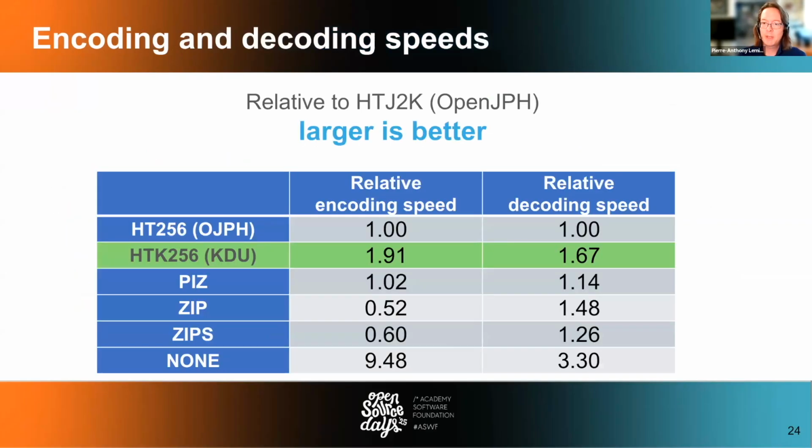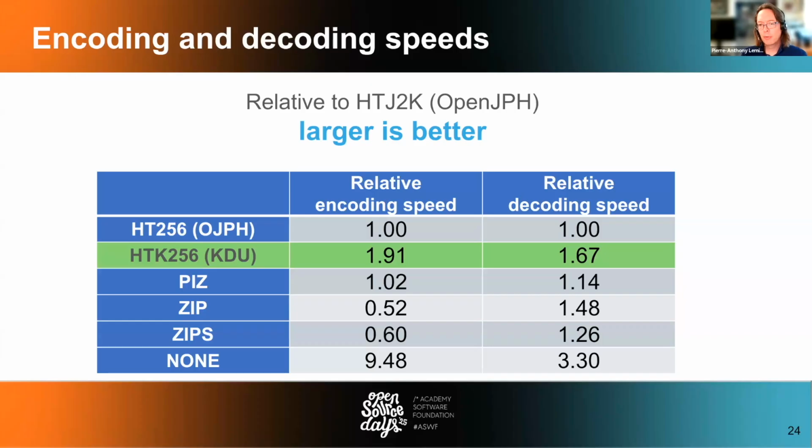In terms of speed, these are single threaded results. The commercial HTJ2K library was the fastest, aside of course from none, meaning no compression, which is just a memory copy. Compared to PIZ, Zip, and Zips, the commercial HTJ2K library turned out to be the fastest across the board.